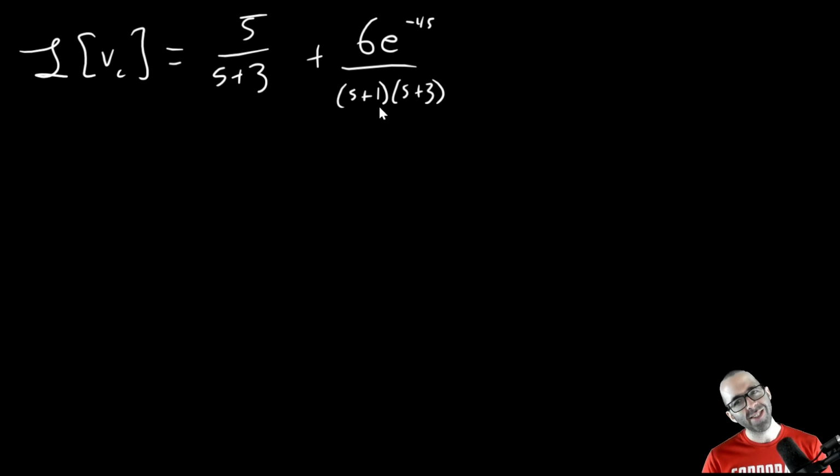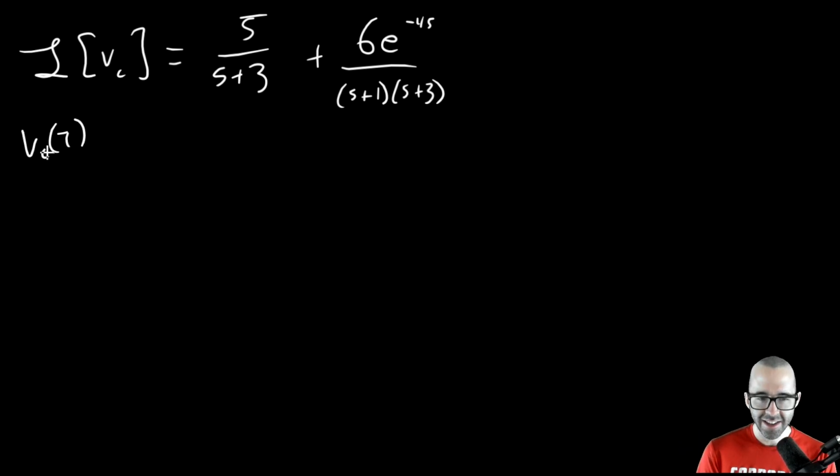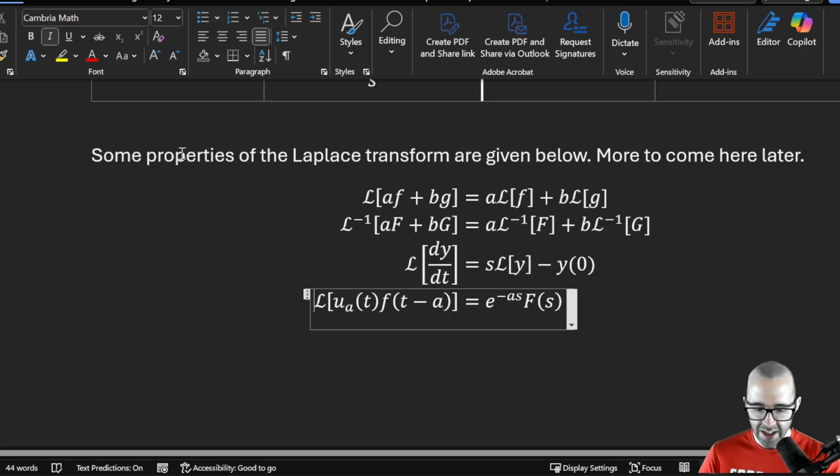This one, we get to use our shifting idea, and we get to use partial fractions, both. How exciting. So, let's do that. Vc of t, the velocity across the capacitor, is going to be the inverse Laplace transform of this, which again is just, let's check our notes, but I'm pretty sure it's 5 e to the negative 3t.